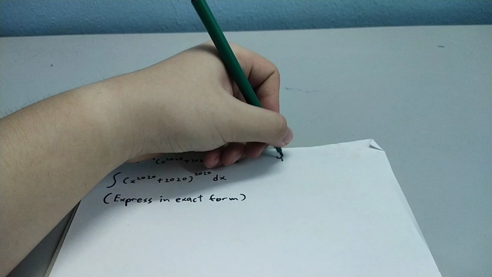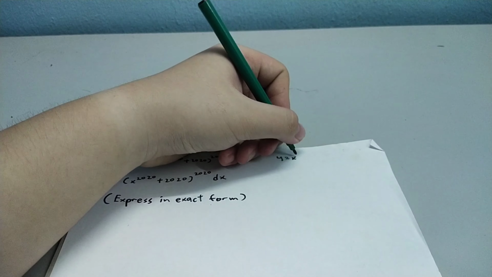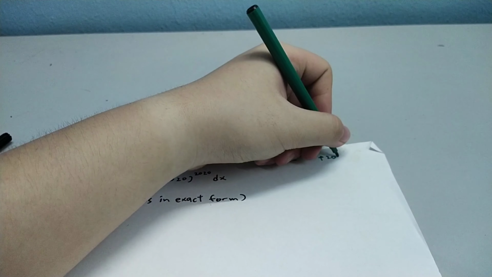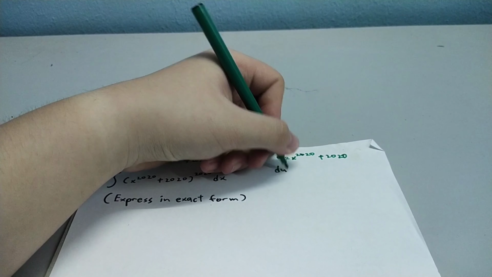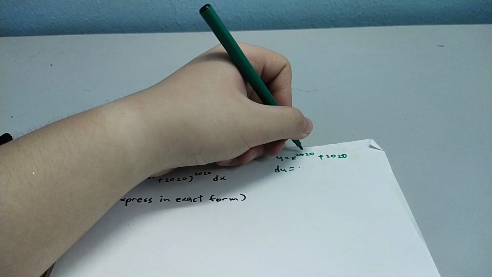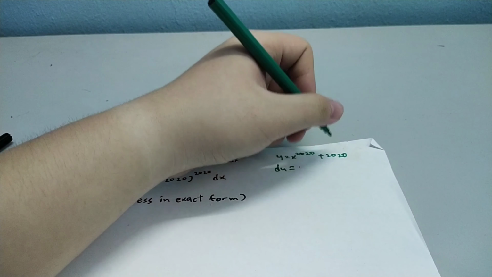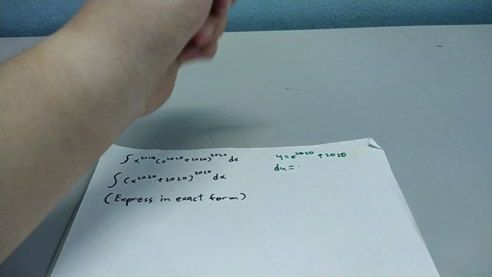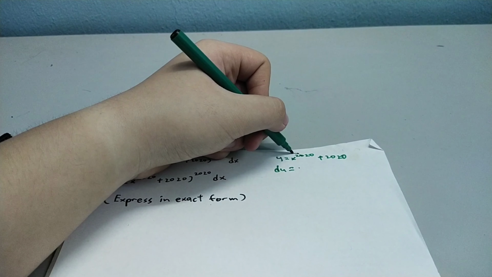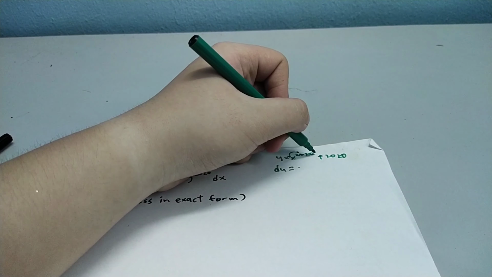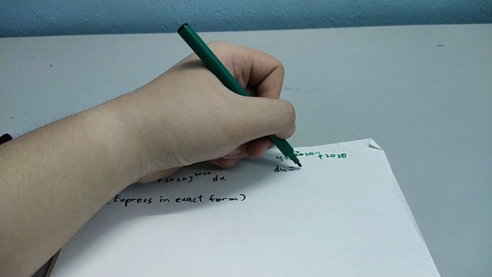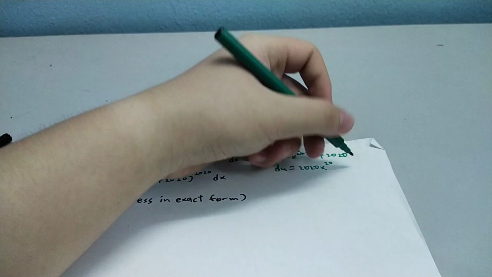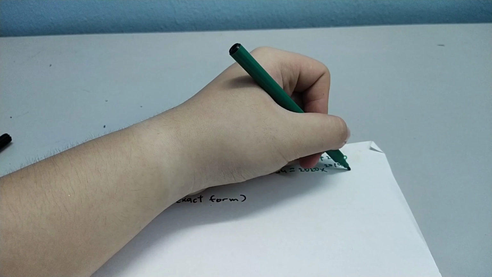So I will let u equal x to the 2020th power plus 2020, then du is equal to, well, the derivative of a constant is always 0, but when we differentiate x to the 2020th power, we bring this 2020 to the front, and at the same time the exponent reduces by 1, so we get 2020 times x to the 2019th power dx.